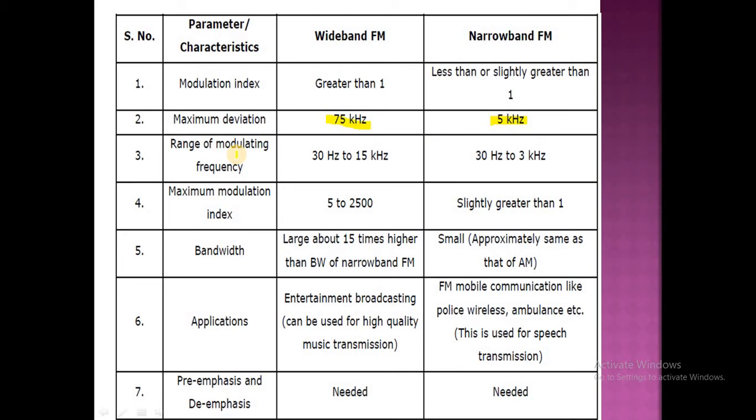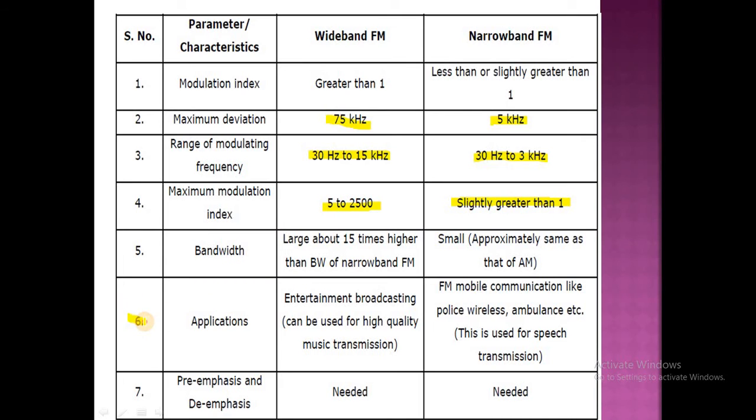The range of modulating frequency in case of wideband FM is 30 Hz to 15 kHz. The range of modulating frequency in case of narrowband FM is 30 Hz to 3 kHz. It is the maximum modulation index. Maximum modulation index is 5 to 2500. In case of narrowband FM, it is greater than 1 only.